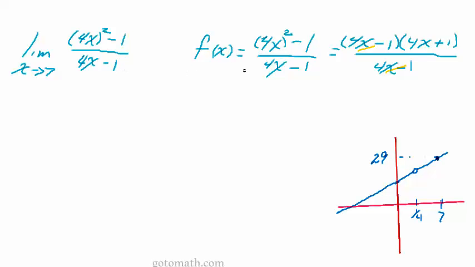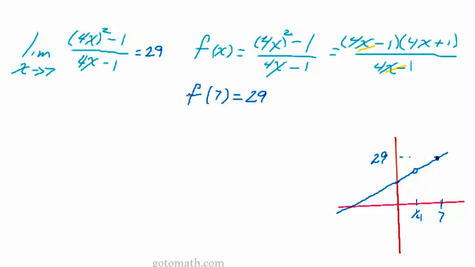But with the limit, now that's evaluating f of 7, right? We said f of 7 is 29, I hope. That's right. Well, when we evaluate the limit, it's actually going to be 29 also.